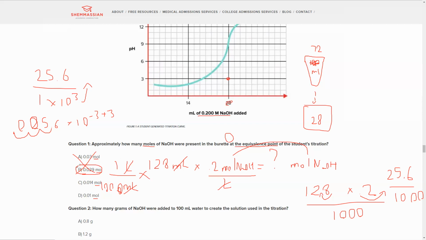Let's solve it through with 72 and see how we can round it properly to distinguish between C and D, because C and D are extremely similar. So how do we round it properly such that we get the correct answer? Let's see how much I can undo here.